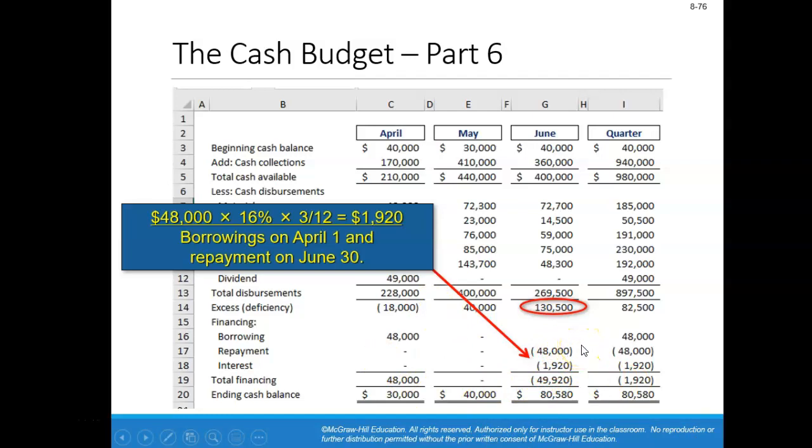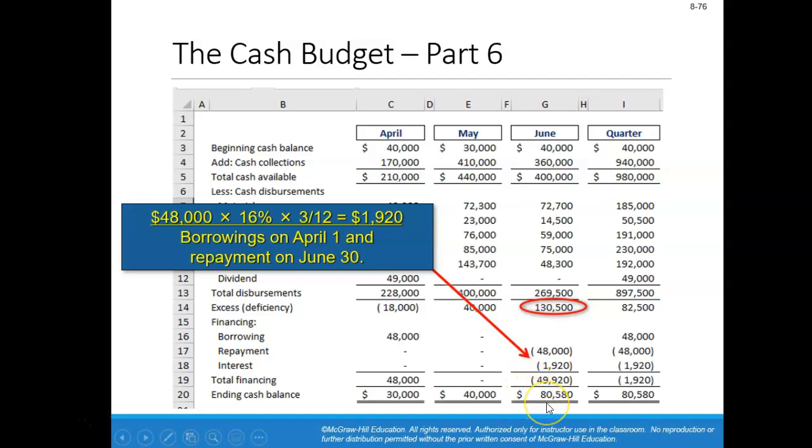But we can also pay back that interest. Recall that interest equals principal times rate times time. All right. So the amount of interest that has accrued from April 1st to June 30th was a total of $1,920. So we're paying back the loan, also the interest on the loan.